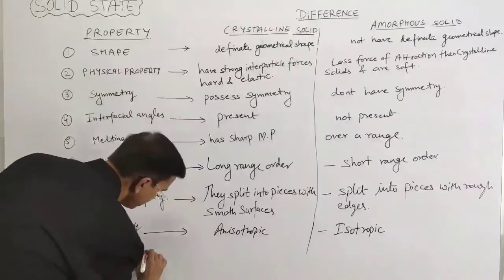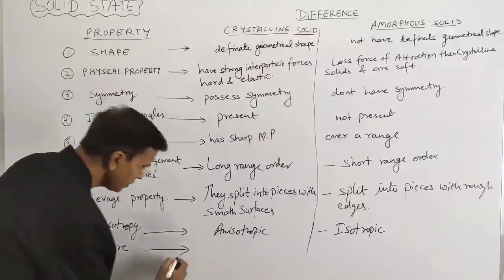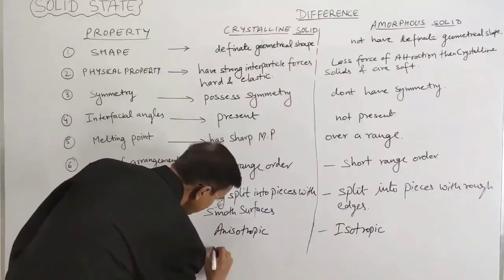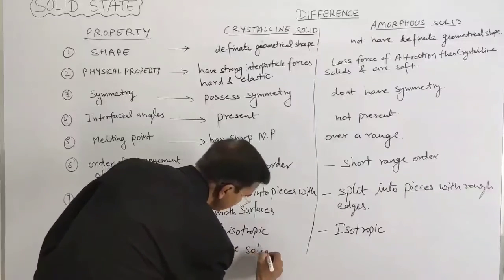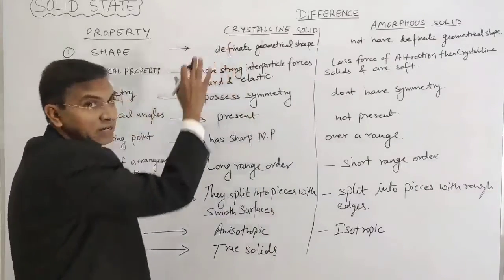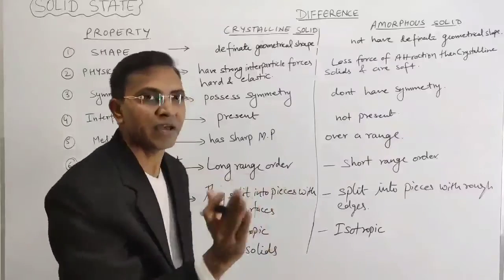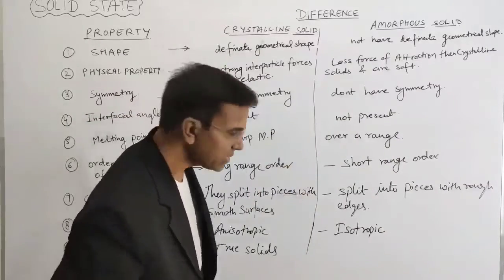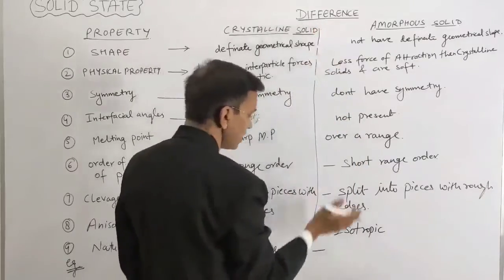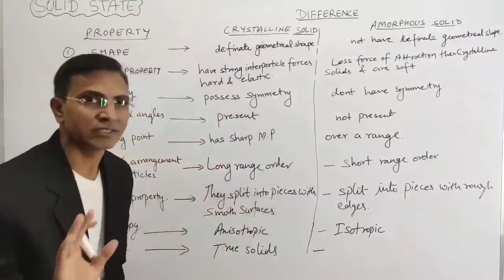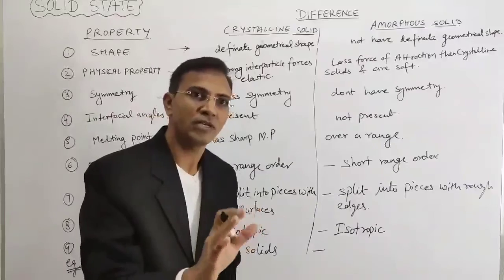Now the nature. Crystalline solids are true solids because they have a regular arrangement of atoms. The amorphous solids are not true solids.